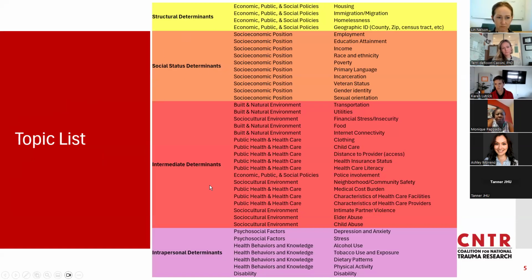These are the major buckets of structural, social, intermediate, and interpersonal. There are factors here in the middle where they're broken down into some type of category within that determinant, and on the right-hand side is the actual topic itself. I'm going to go into each one of these if you want to take a closer look. This is just all of them in one place if you'd like to look at them as a whole.